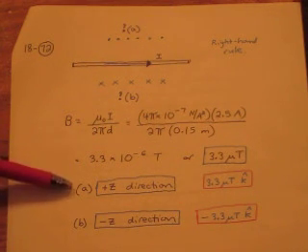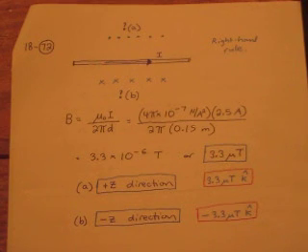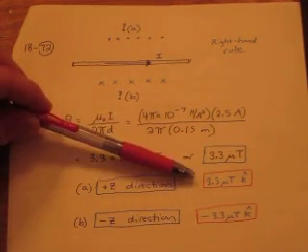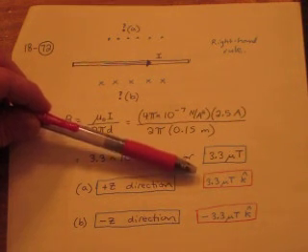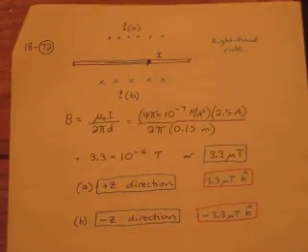So part A is in the plus Z direction, part B in the negative Z direction. If we want to write this out in vector notation for part A, we could say 3.3 microtesla k hat, and part B negative 3.3 microtesla k hat.